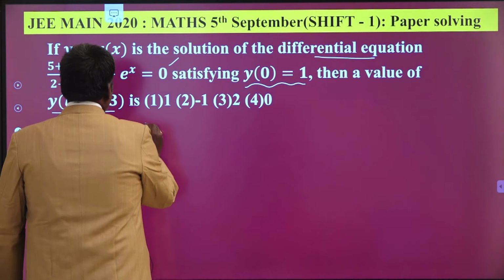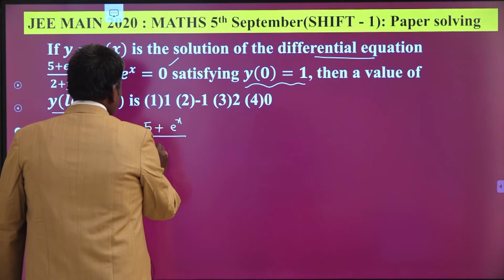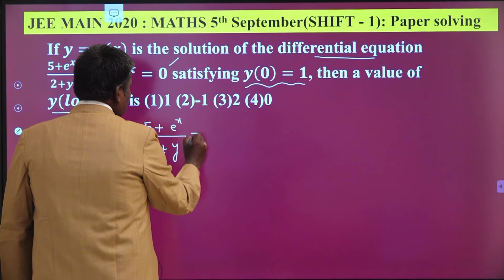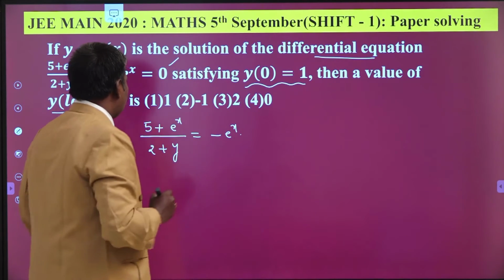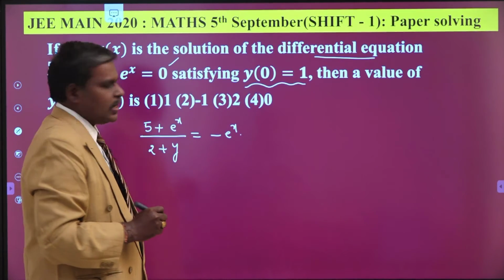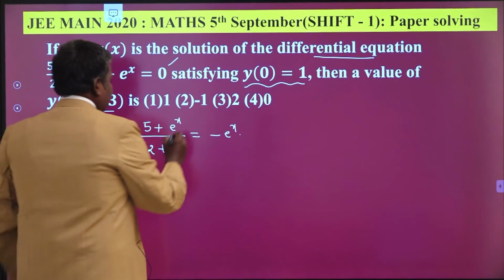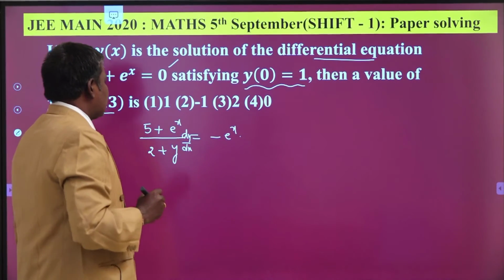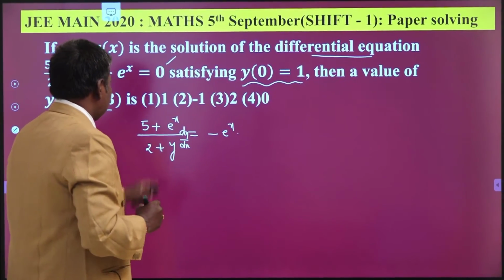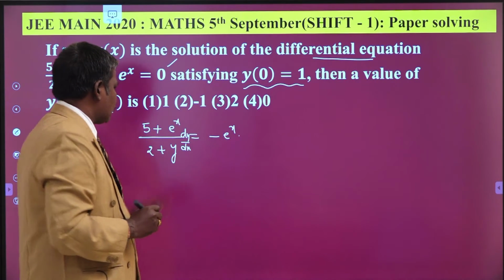So what we have, 5 plus e to the power of x, into dy by dx, 2 plus y is equal to minus e power x. Am I correct or not? Take e power x to the right side, that becomes minus e power x. Now dy by dx is there. It is better to separate the variables now. Take 5 plus e power x to the right side and dx also to the right side.